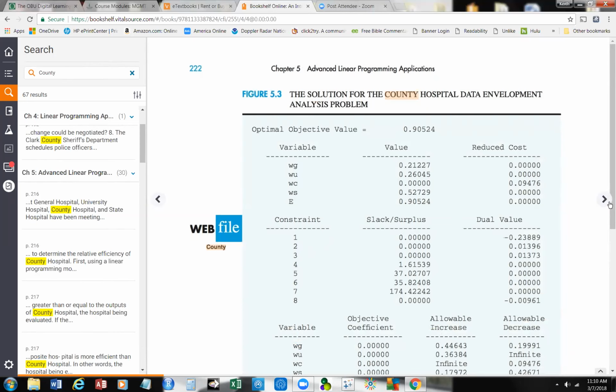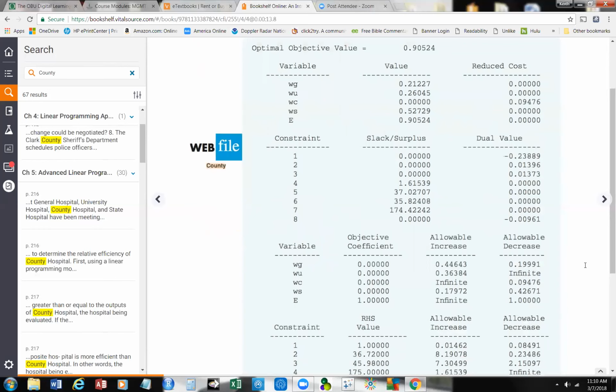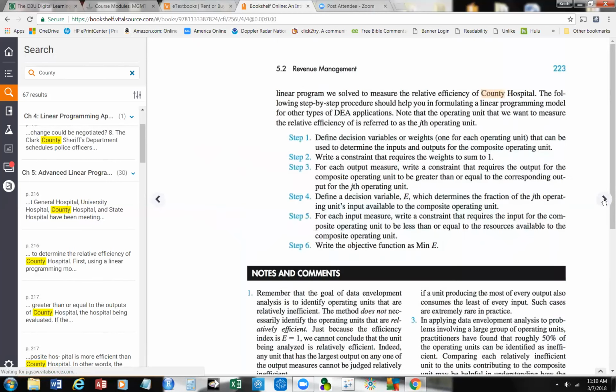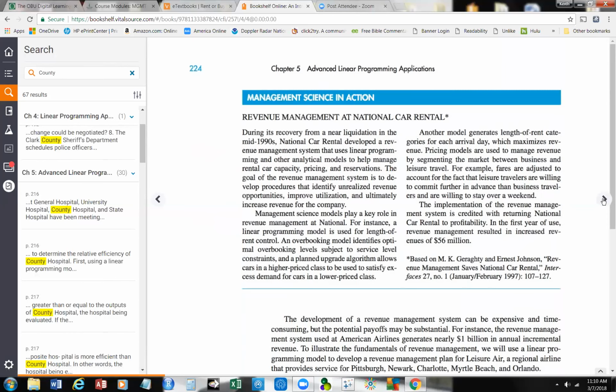How efficient is the county hospital versus the composite hospital? And where might there be slack or surplus? We may or may not be able to reorganize some of that, but usually not, because we're at disparate locations. And that moves us into that revenue management case.